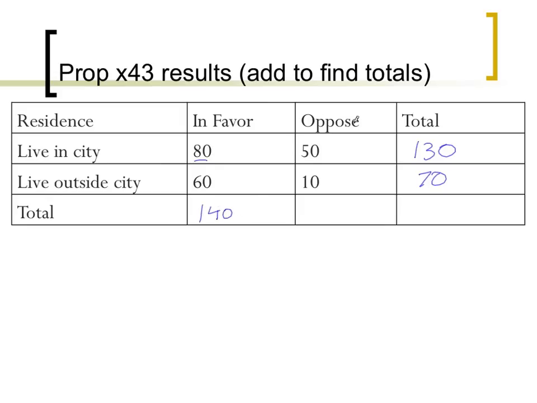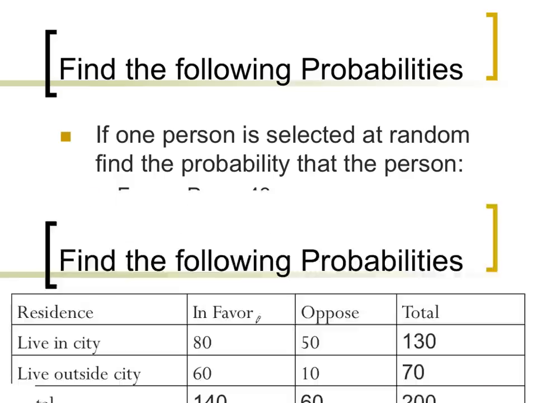To find how many are opposed, we do 50 plus 10 and get 60. Now, if we add along the column or the row for the totals, we get 200 either way. That tells me that 200 people were surveyed for this proposition X43.